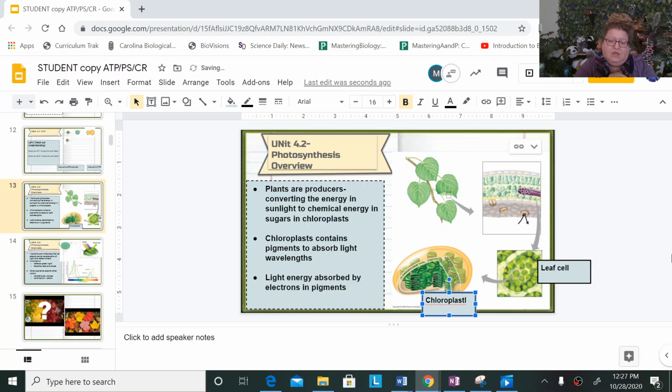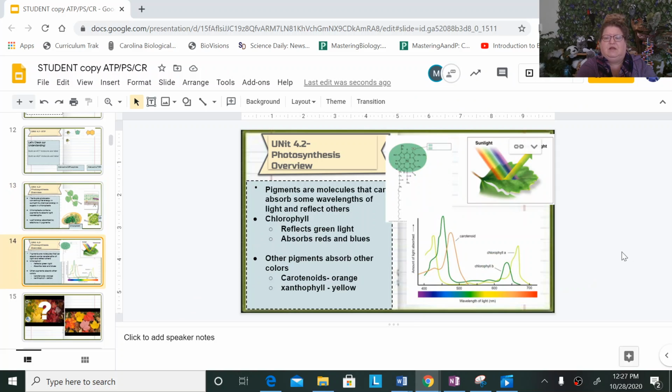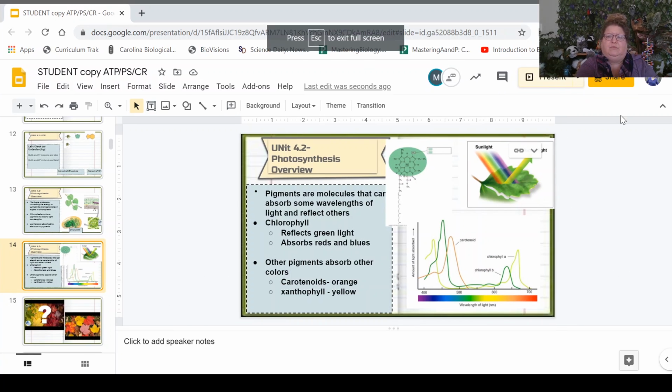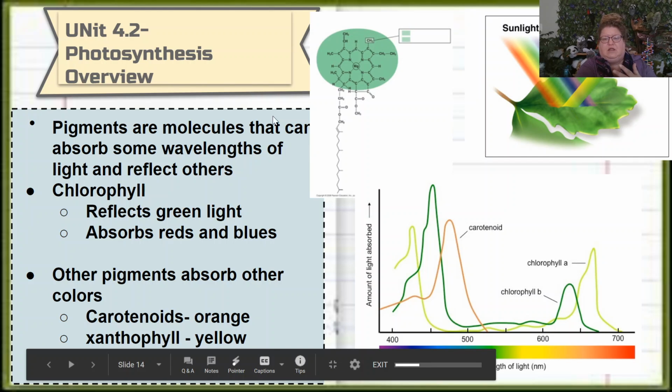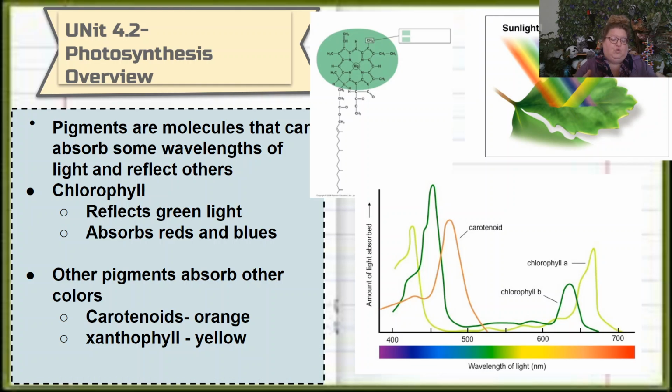Now, let's take a look at our pigments and see what we can learn. So again, you learned about pigments probably in art class. Pigments are any molecule that absorbs some wavelengths of light and reflects others. Anything that you have in your vicinity that has color, that means there's a pigment that is reflecting some wavelengths back to you.